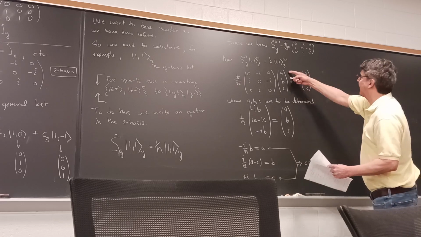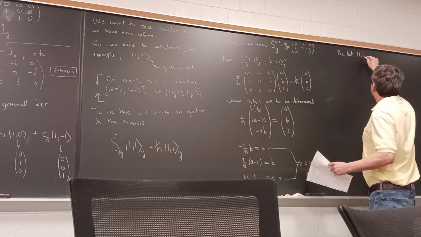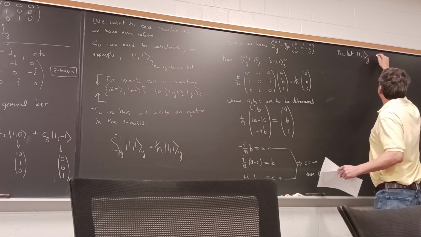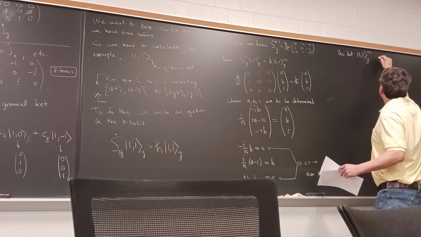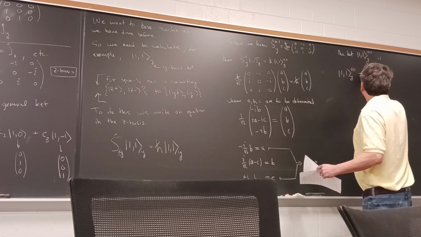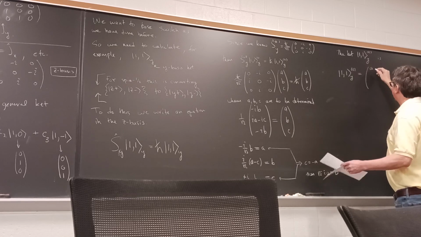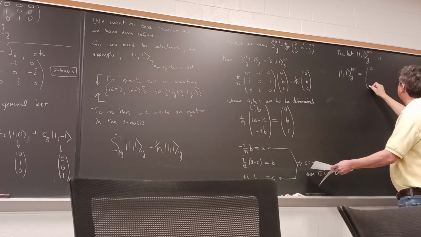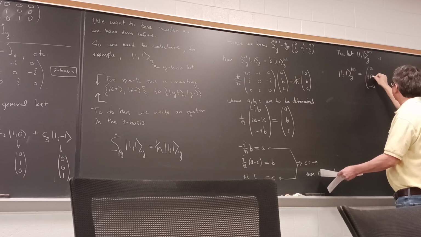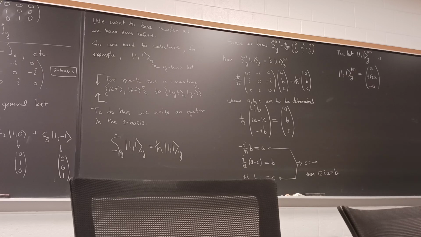Okay, so that means that the ket: if the first element was A, C is equal to minus A, and then B is equal to I times the square root of 2 times A. Okay, so that's the ket.